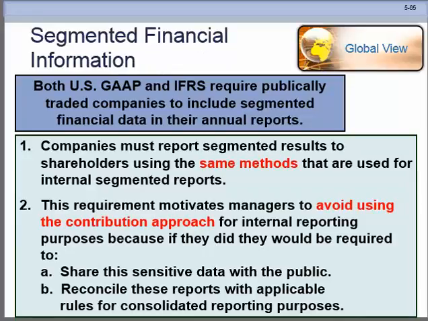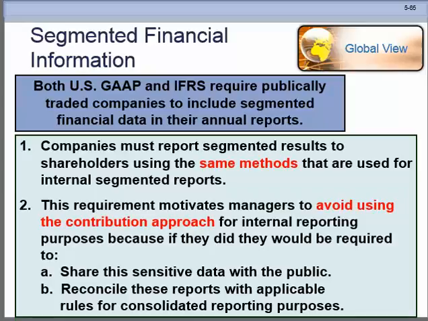Now, this whole idea, bringing this out to a big, 50,000-foot view of what's happening here. GAAP and IFRS, the generally accepted accounting principles in the United States. IFRS is International Financial Reporting Standards.